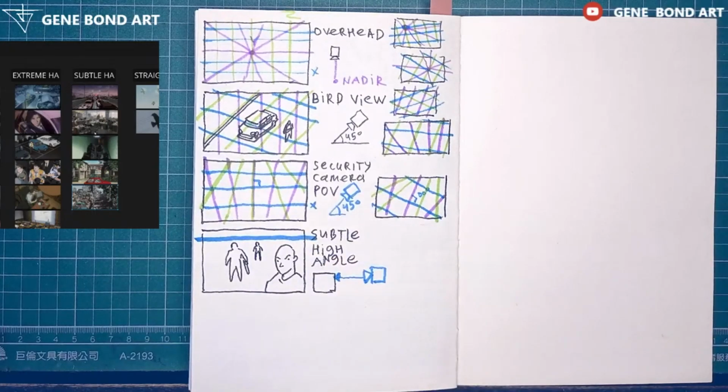So you see, the horizon line is always above their heads. So this is subtle high angle. So it's little, but we're looking down on them. They're below viewer eye level, below camera eye level.